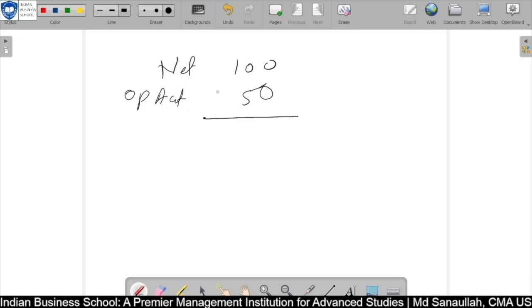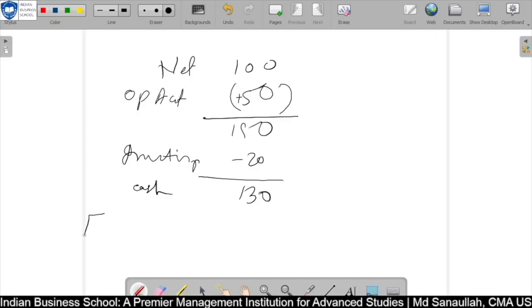So after the adjustment of operating activity, we got 150, and then you have investing activity. Maybe in investing activity we are getting minus 20. After adjusting investing activity, we got a cash balance of 130. Then we have financing activity. In financing activity, we might have financed 20 more. Now your total is 150.